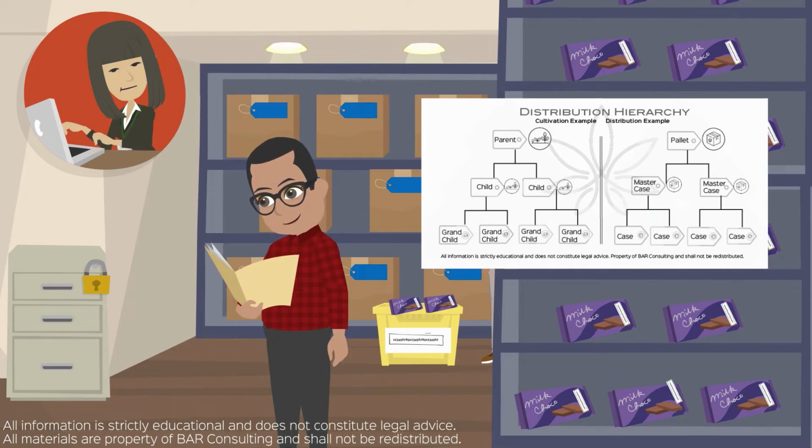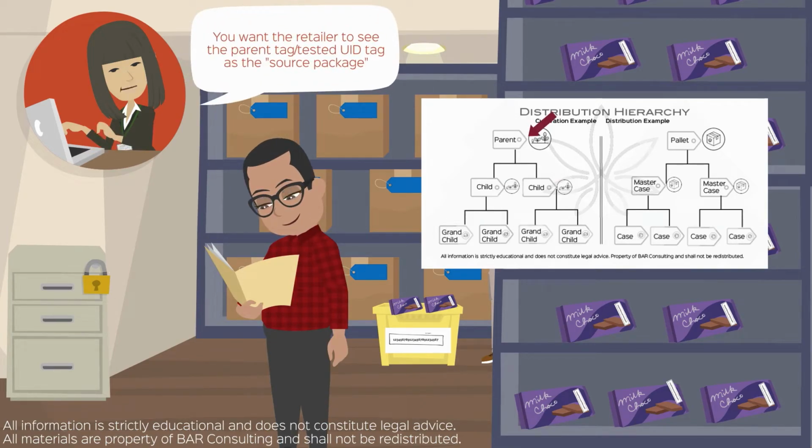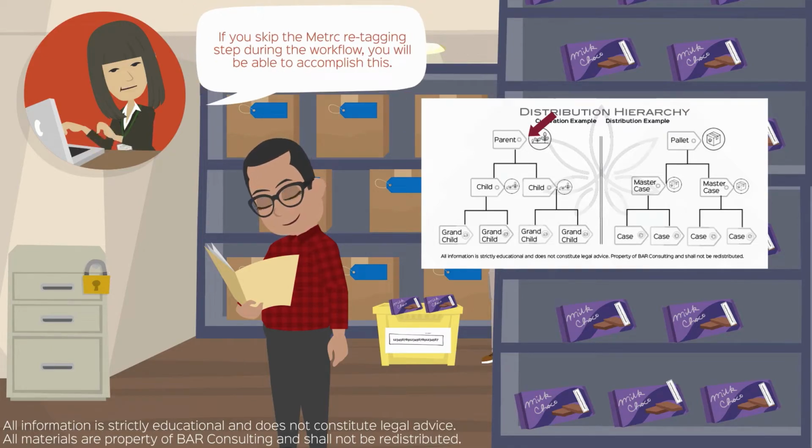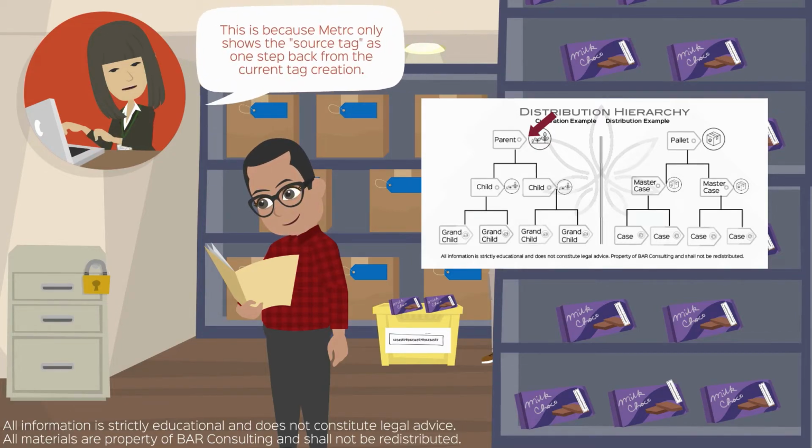Try this instead. You want the retailer to see the parent tag, the tested UID tag, to be the source package for the retailer. If you skip the Metrc retagging step during the workflow, you will be able to accomplish this. This is because Metrc only shows the source tag as one step back from the current tag creation.